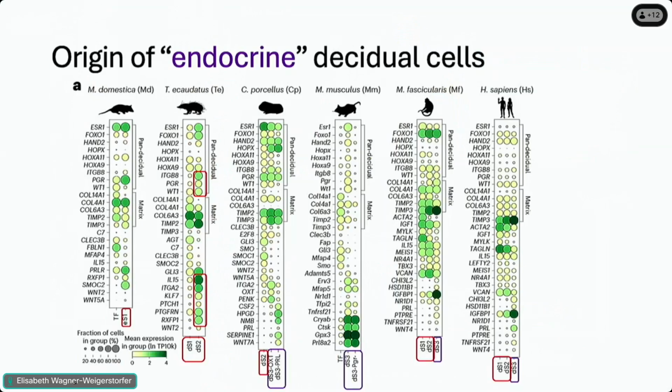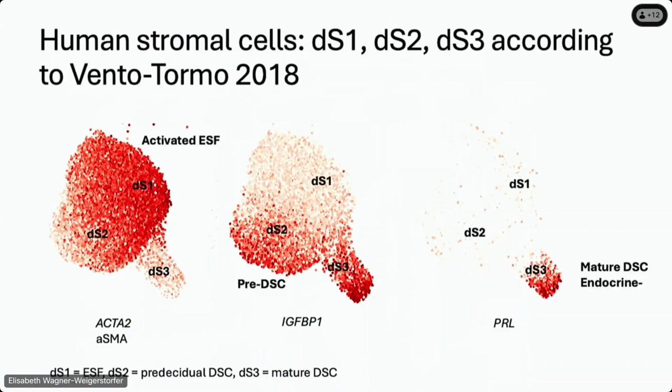Here is the tenrec with these two forms, and now we have a number of additional decidual cells identified here in purple that are all characterized as more endocrine, producing prolactin, for instance, or oxytocin and things like that. So in the human, there is also an indication that there are these three populations of decidual cells.